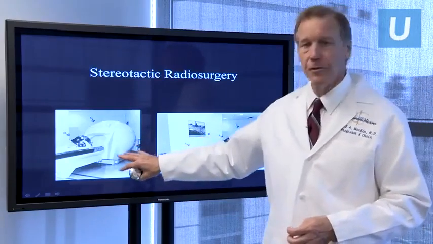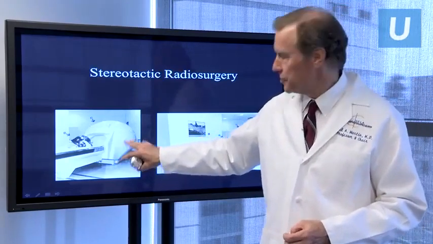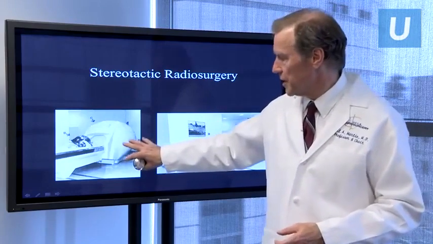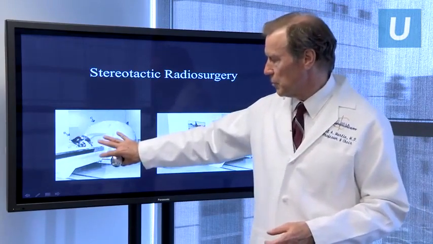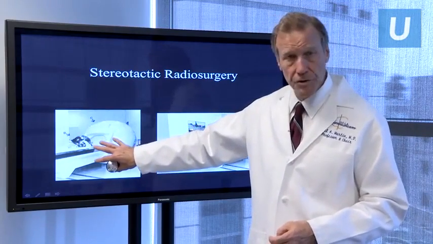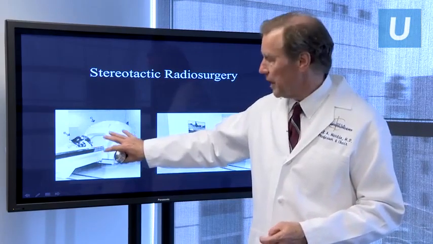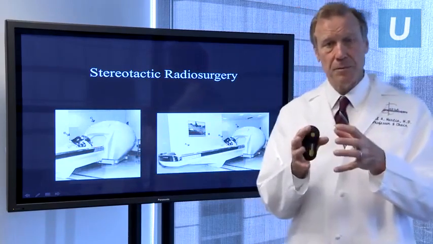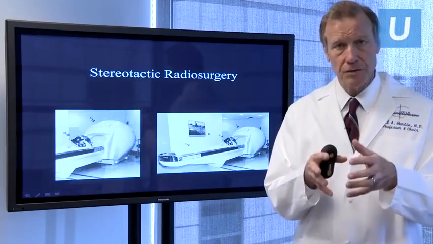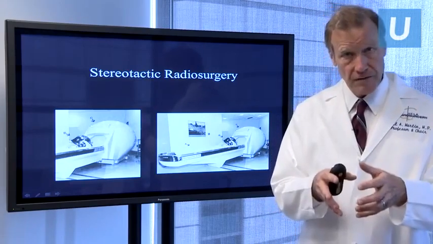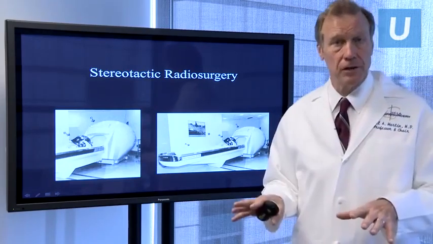Historically, this was done with the Leksell gamma knife. And this is a picture of this. This is a device that the patient is rolled into on this special table, and radiation is administered in a highly directed and focused manner to the AVM. The brain receives very little radiation.